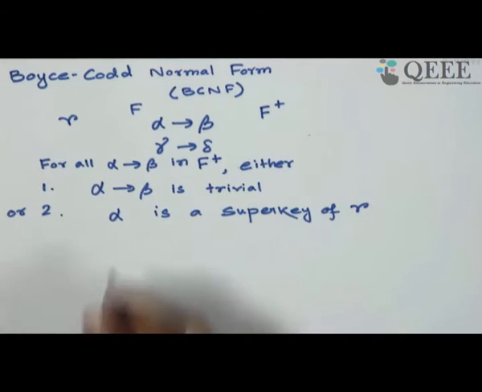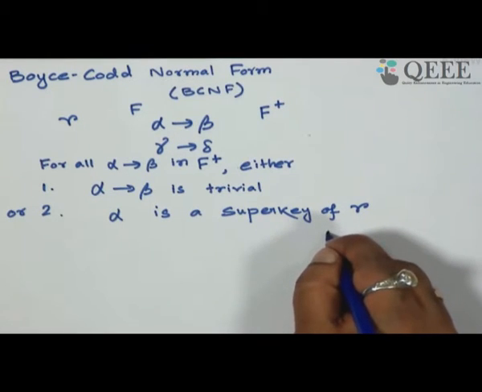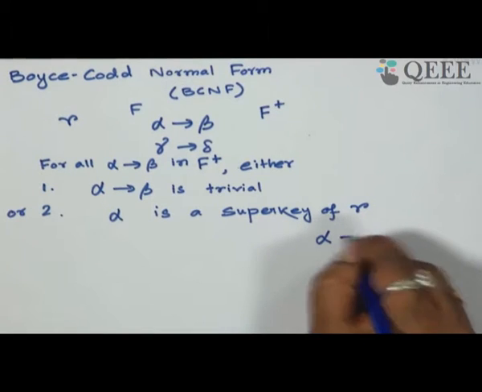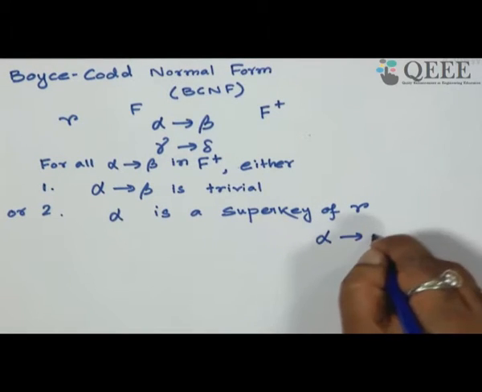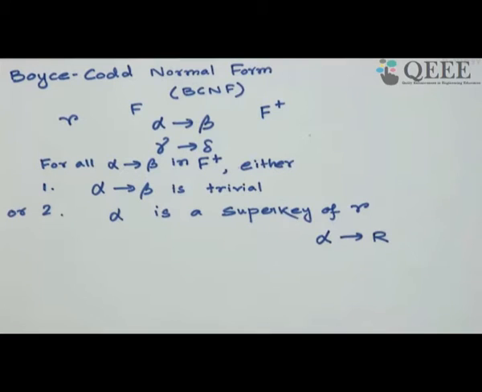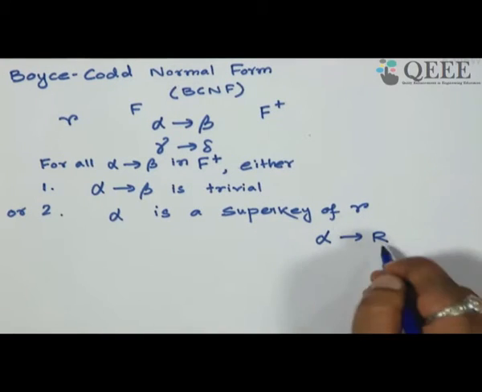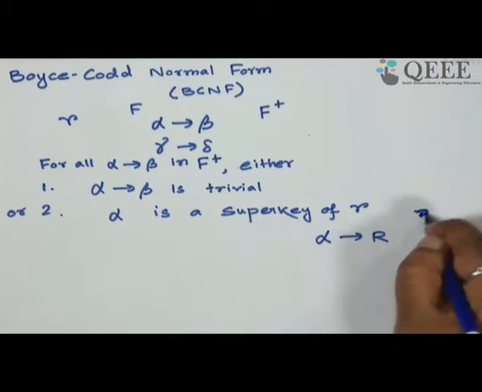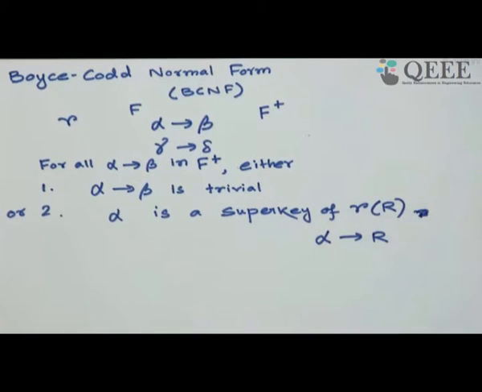By the way, if the left hand side is a super key, then alpha will actually determine all the attributes, because alpha is distinct. If it is a super key, it is distinct for all tuples. So it will naturally determine the rest of the attributes of R. R, capital R, are the attributes of small r.